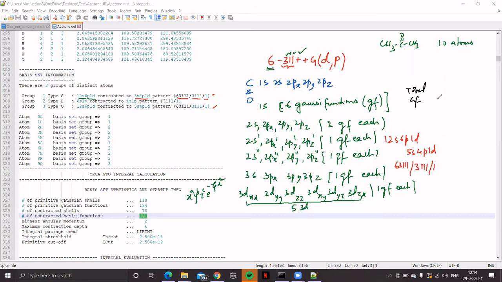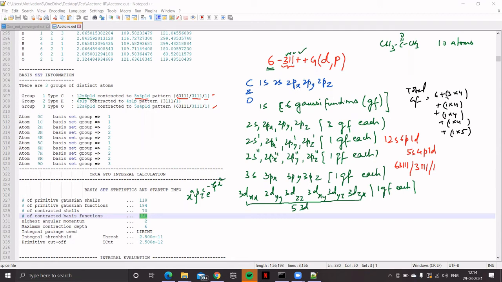So 6 plus 3 into 4 for one set, then plus 1 into 4, plus 1 into 4, plus again 1 into 4, and plus 5 into 1.